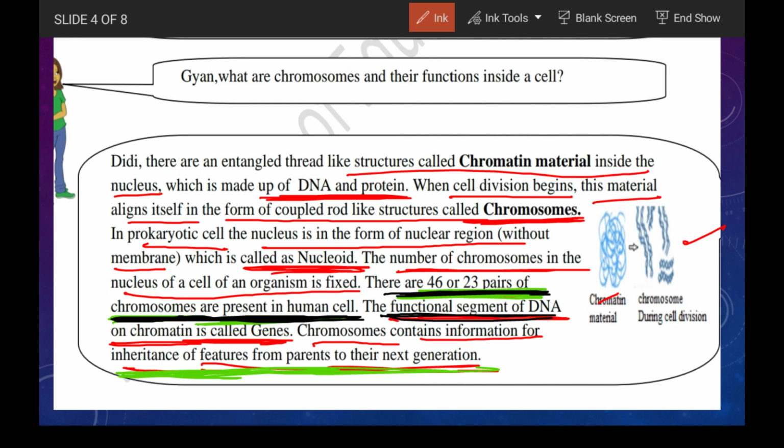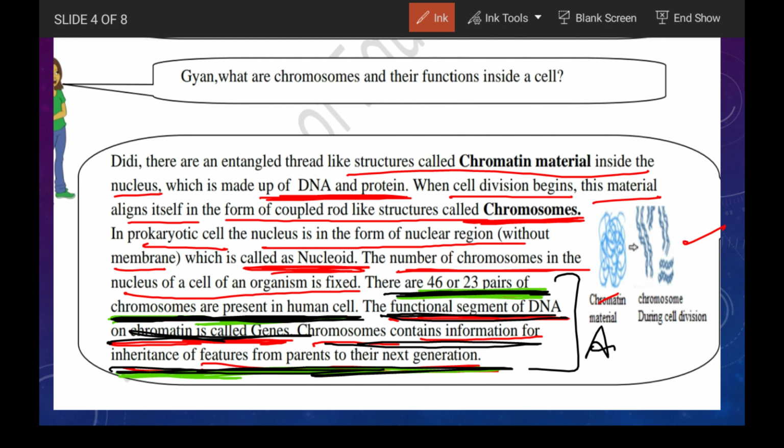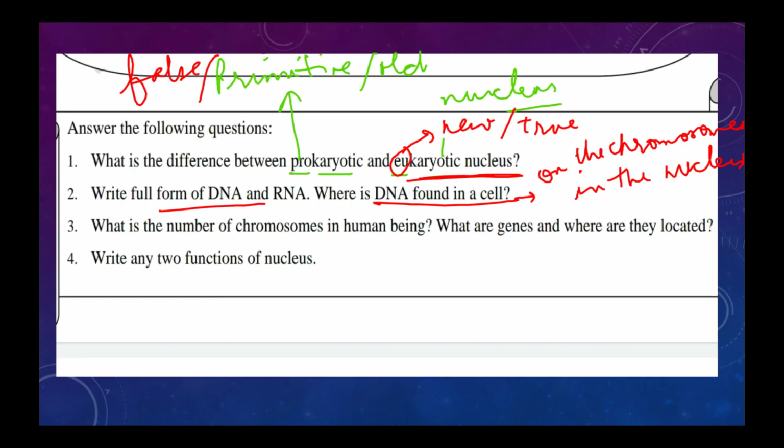The functional segment of DNA or chromatin is called genes. Chromosomes contain information for the inheritance of features from parent to the next generation. So this is your answer number 3. You can write it very easily from there. Where are they located? On the chromosomes.